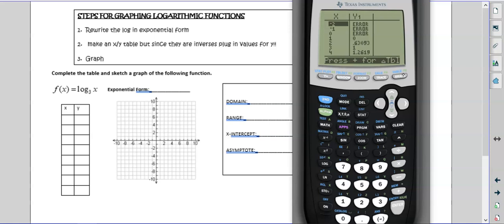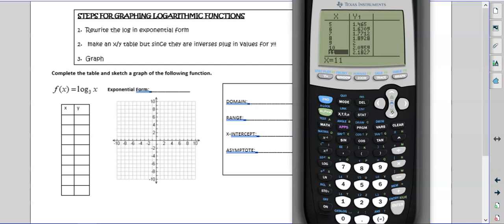Now think about it. For exponentials, our asymptote was a horizontal line. Well, with x and y switching, now our asymptote is going to be a vertical line. X equals instead of y equals. Now you'll notice here you're going to get a lot of decimals, not a lot of whole numbers to really do. So you just work with what you can, right?